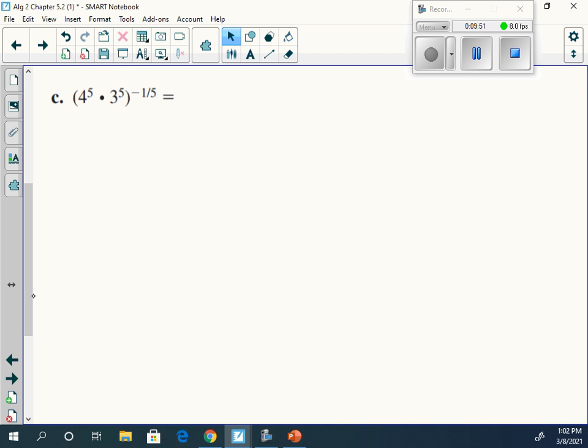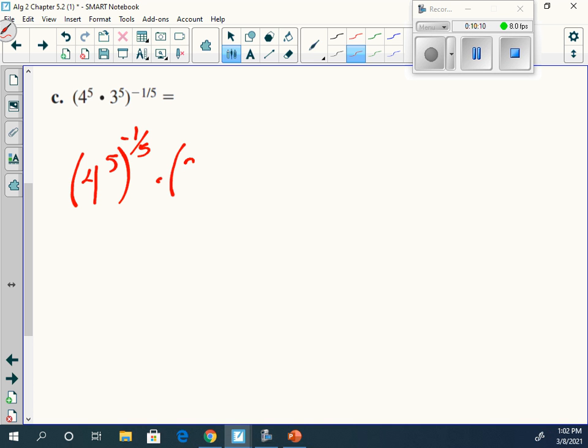4 to the 5th times 3 to the 5th, all to the negative 1/5. Well, I can't multiply the 4 and 3 because the bases are not the same. But what we can do is use our properties of exponents, because both of these can be put to the negative 1/5. That is our power of a product.